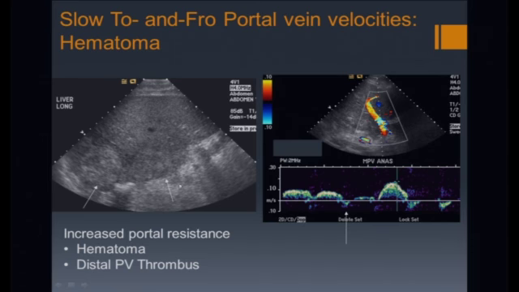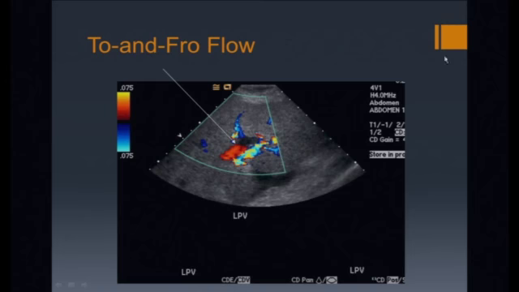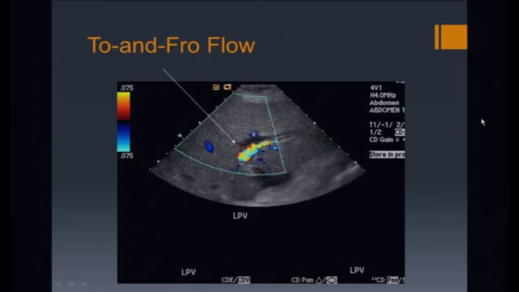By a hematoma. In this case, there is a large perinephric hematoma here compressing the liver and causing increased resistance to portal flow. The other cause of slow to-and-fro flow is distal portal vein thrombosis. And this is the color Doppler finding in to-and-fro flow.